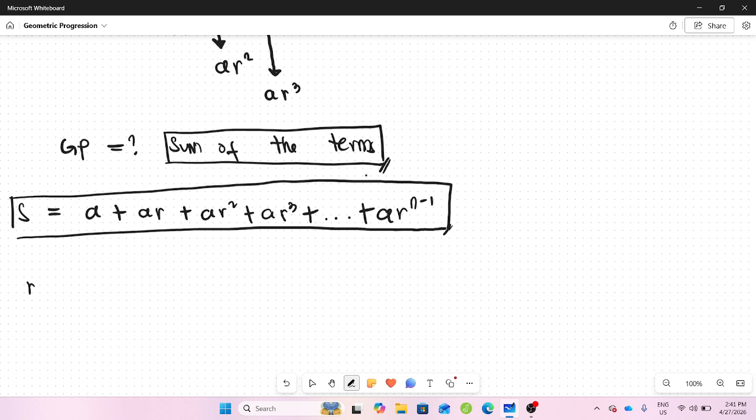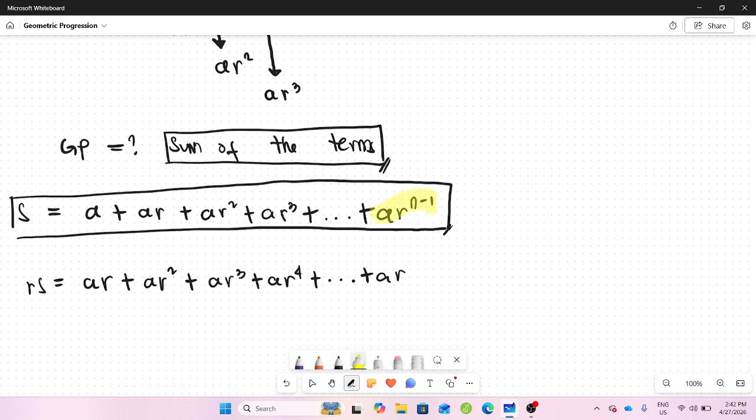So this is going to be r times s, and on the right side is going to be a times r plus a r squared plus a r cubed plus a r to the 4, plus a r to the n minus 1 times r, so we get a r, the sum of the exponent, and that should give us a r to the power of n.